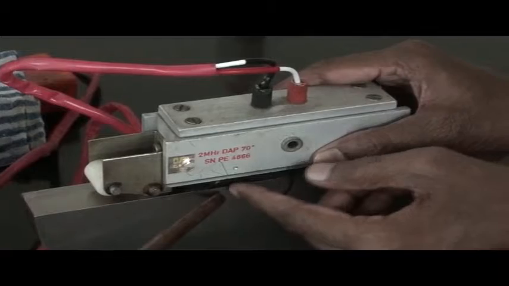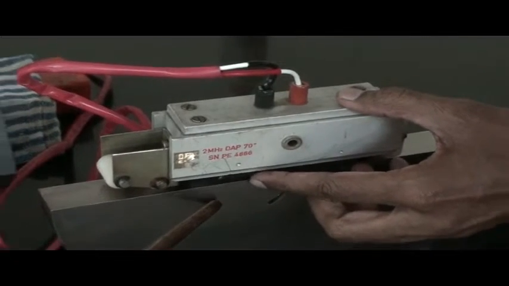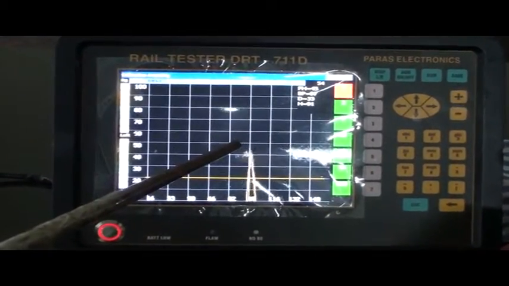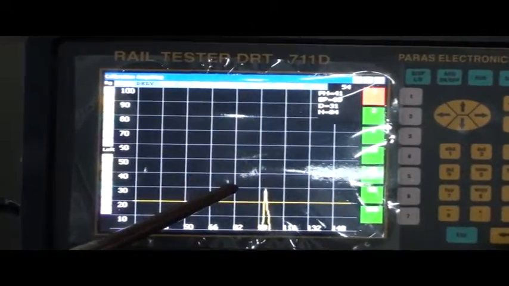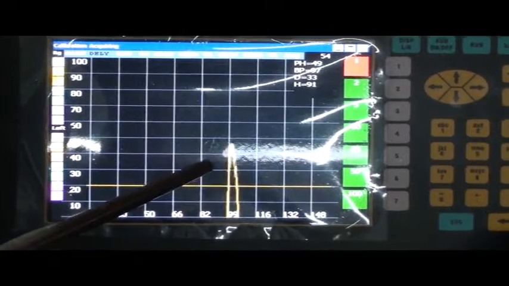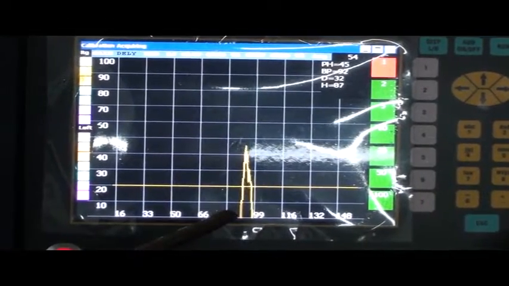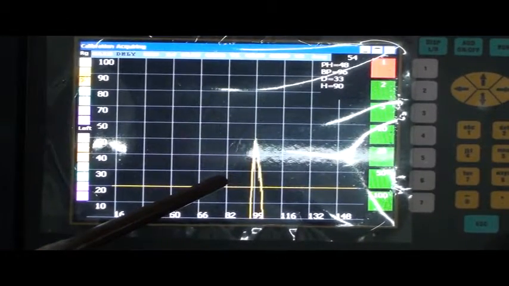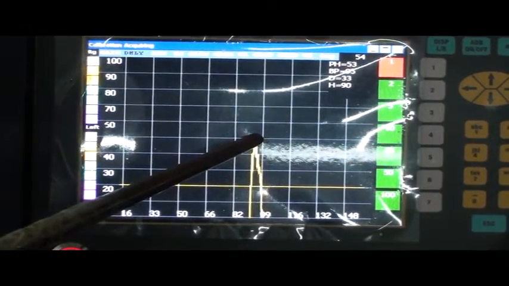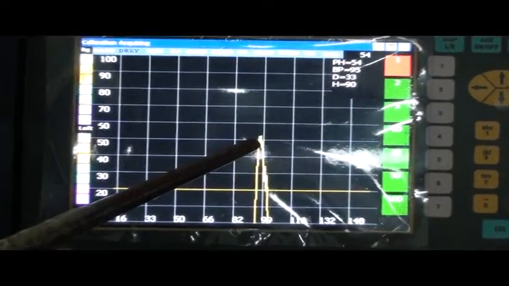So we have to see what the beam path is when the height of this echo is maximum. Here you can see, if we move this probe, the height of the echo increases and decreases. Whenever the height of this echo is maximum, at that time we have to see the beam path.